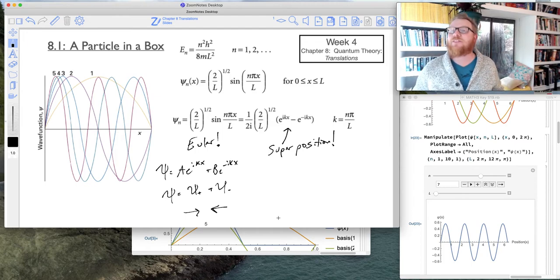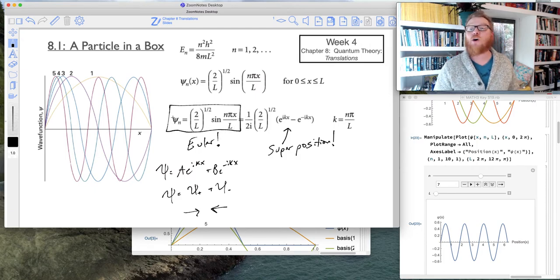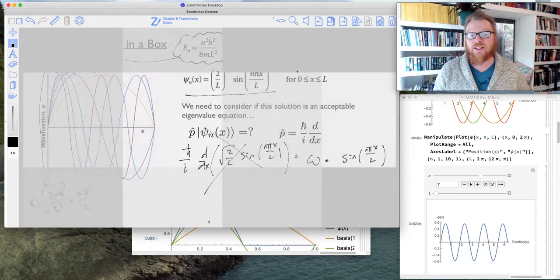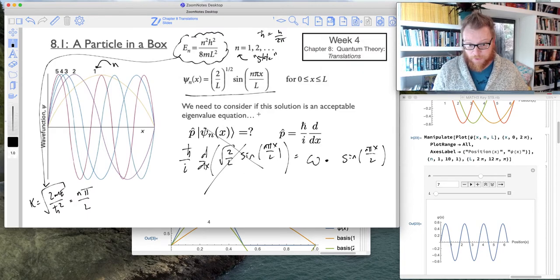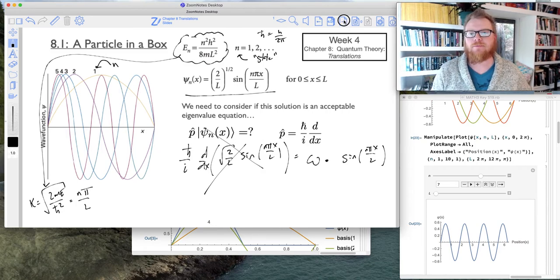So just built in naturally to this sine function that I'm going to separate right here, this already describes a superposition of eigenstates. So this error that we ran into here, yeah, that's an issue, but it's an issue that we can basically move right past.